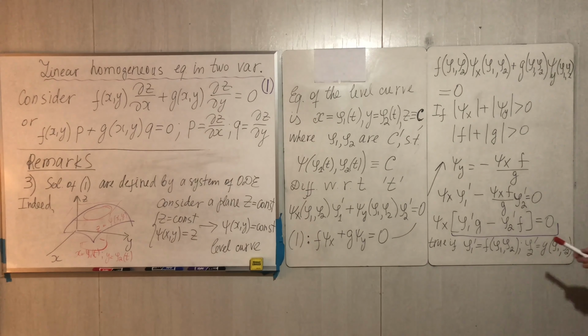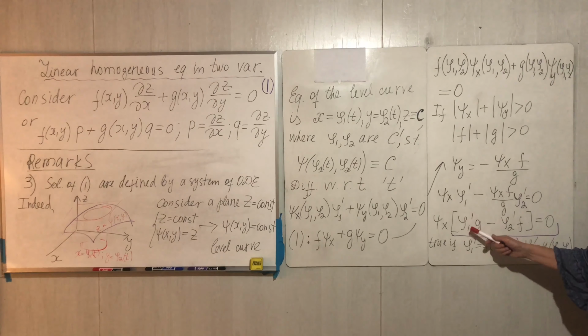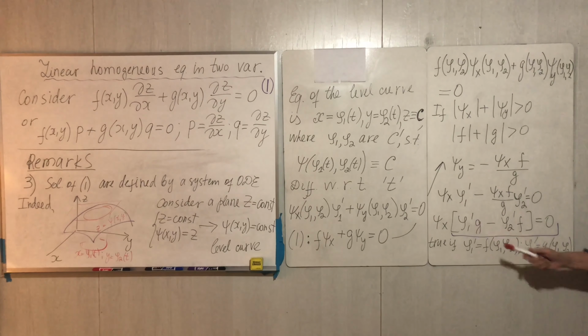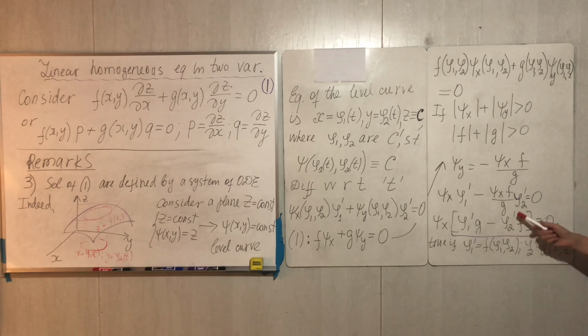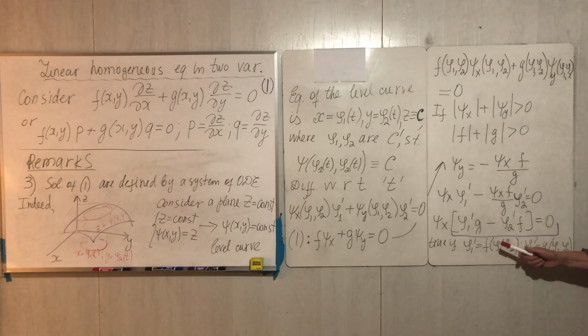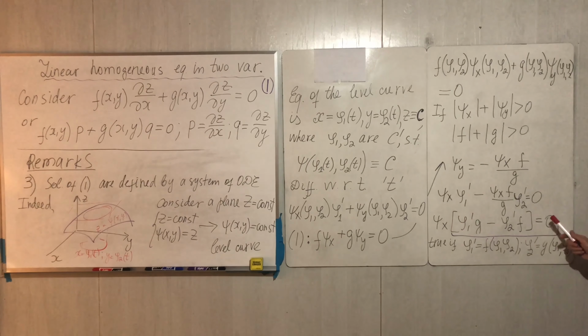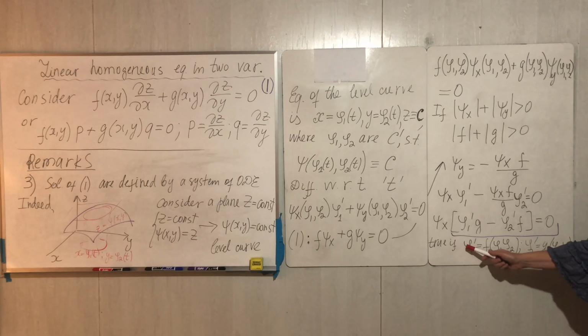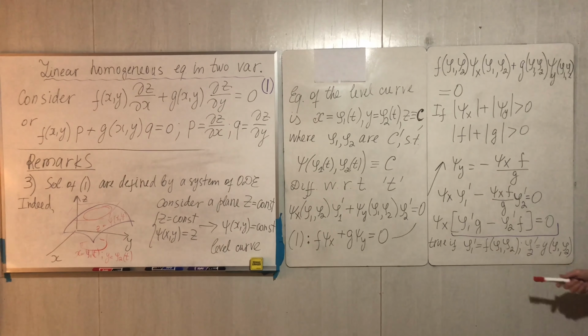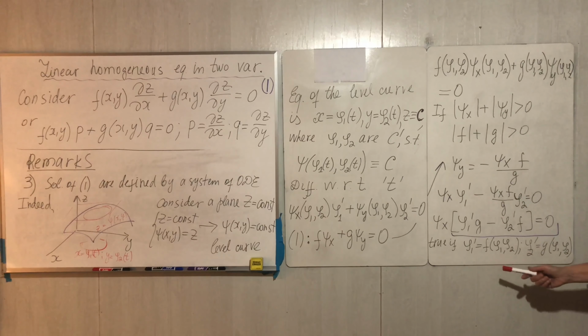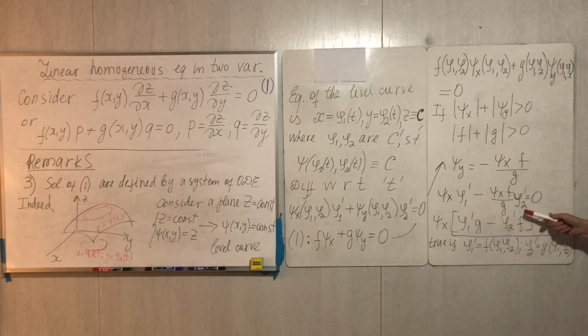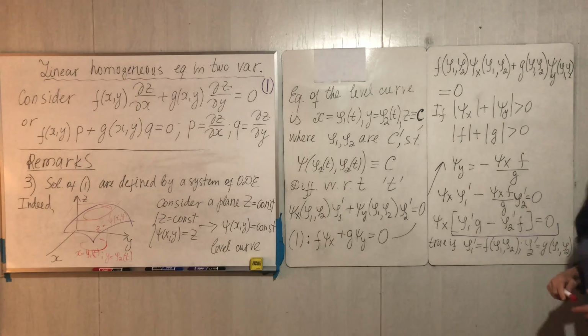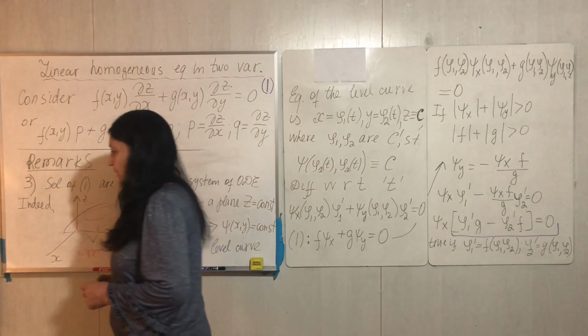So what we got is that phi1 prime, the derivative with respect to the parameter, times g minus phi2 prime times f is 0. Obviously this would be true if we assume that phi1 prime is f and phi2 prime is g, right? If we plug it in here, we will get phi1 prime phi2 prime minus phi2 prime phi1 prime. We will get 0.